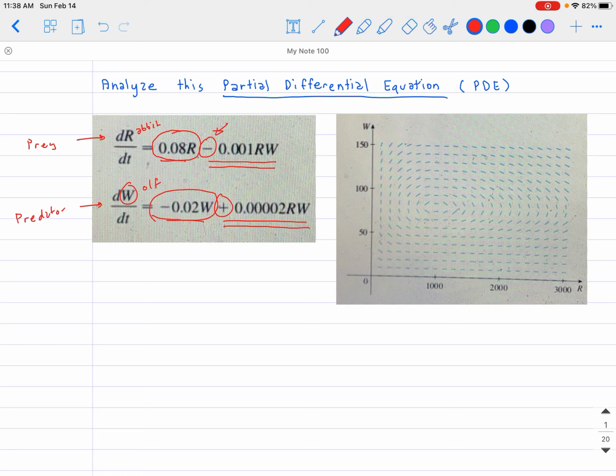Now, we have to determine what happens over time between these two populations. Are they going to be able to coexist, or are they going to kill each other off? In any of the three cases, we're thinking about what happens as time approaches infinity, and by the way, all of these equations are functions of time.